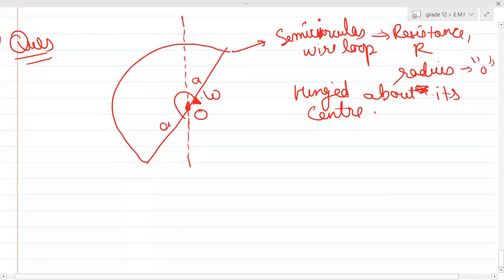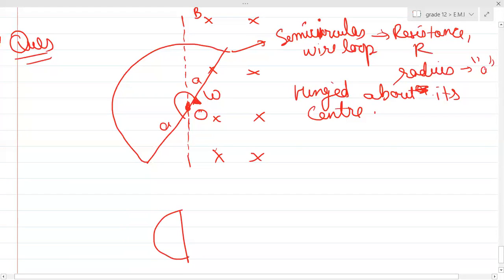Now can you see over here point O is located at the boundary of a uniform magnetic field. This area has a magnetic field. When it will rotate, this part which is there inside the magnetic field will keep on increasing, right?